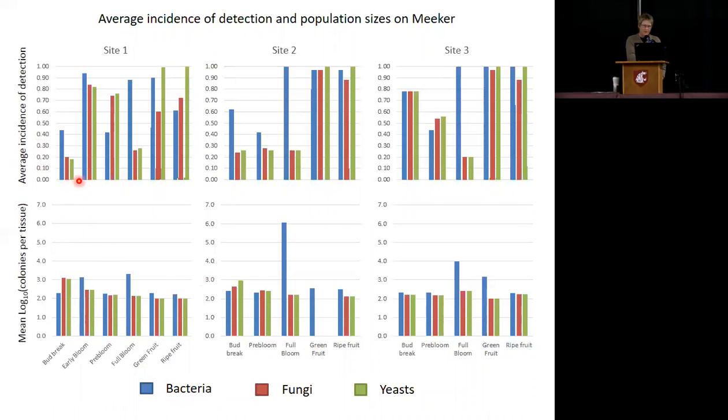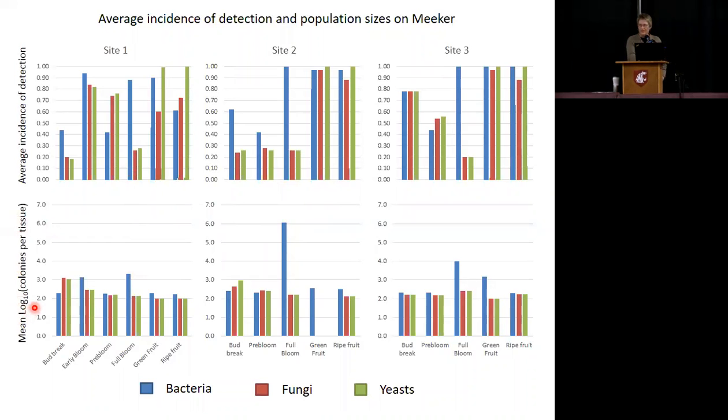And you can see that over time, the incidence of detection increased and was especially high for bacteria at full bloom, which is this stage right here. On these graphs, it's this stage. We also monitored the population size, and that's presented here. And this is a logarithmic scale.